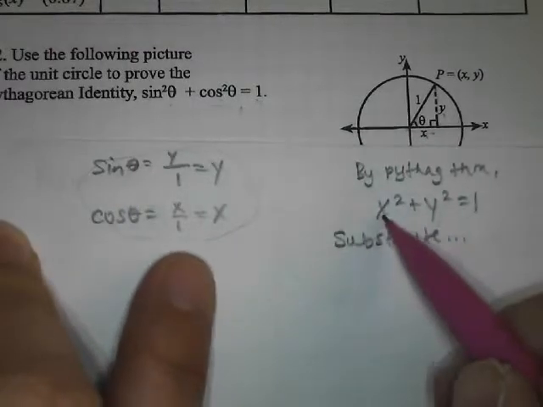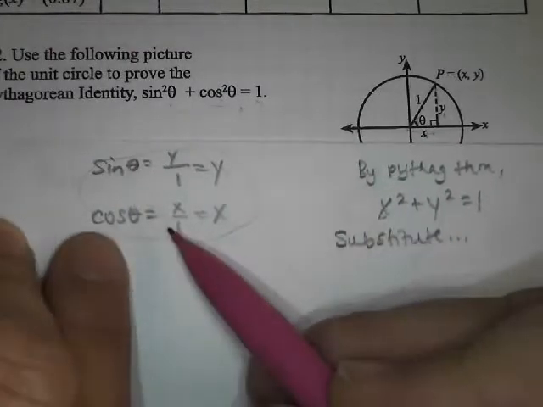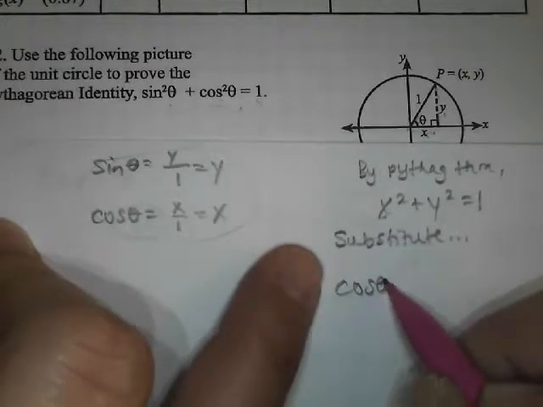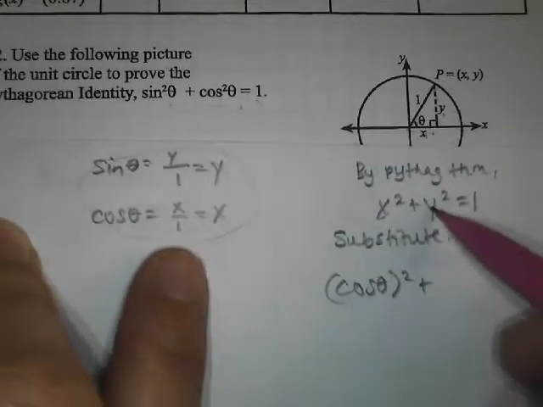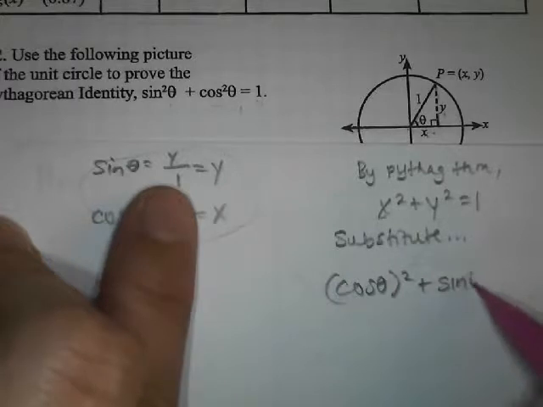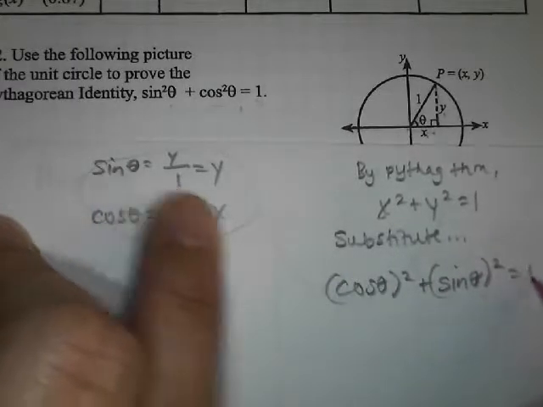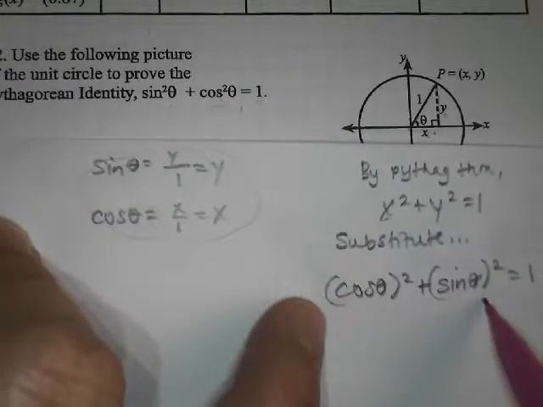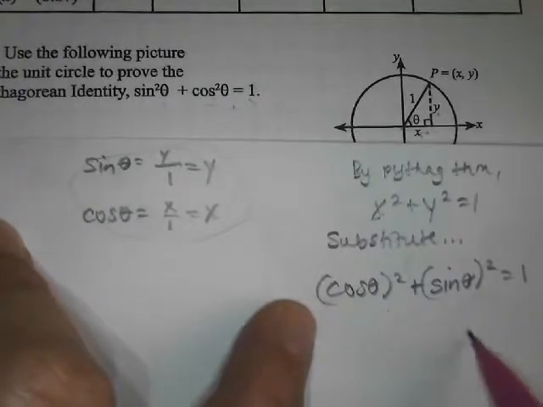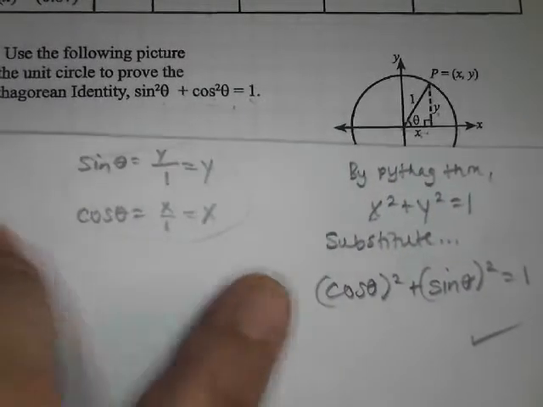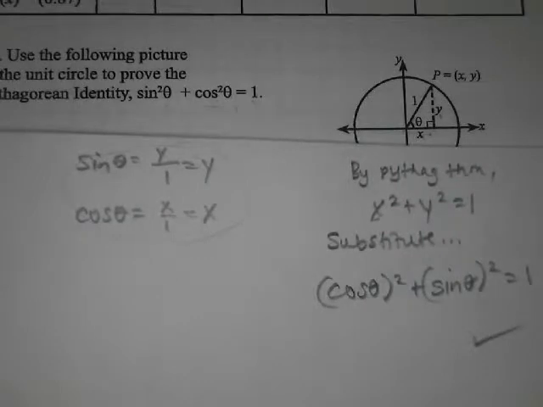I'm going to take out the y and replace it with sine theta. And I get cosine squared plus sine squared equals 1, and my proof is done. Okay, the Pythagorean identity, the fact that sine squared plus cosine squared equals 1, comes from the Pythagorean theorem that you guys know about.